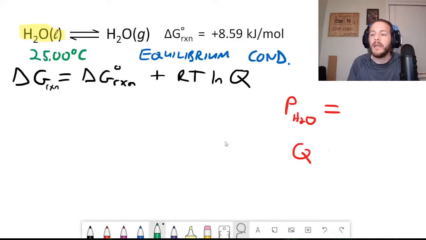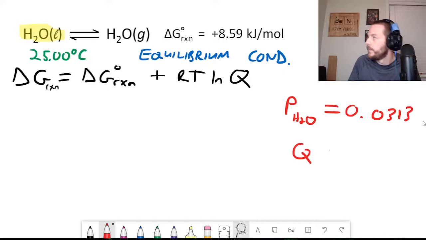So if you have equilibrium conditions, what's the partial pressure of water? Well, the partial pressure of water under equilibrium conditions happens to be 0.0313 atmospheres. Again, there's no reason why you would necessarily know that.